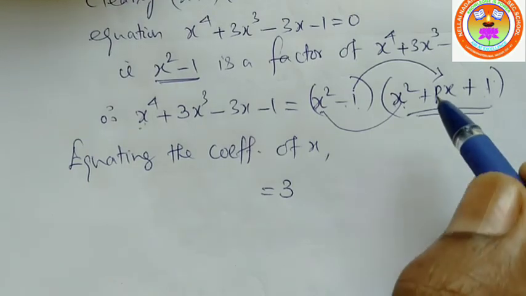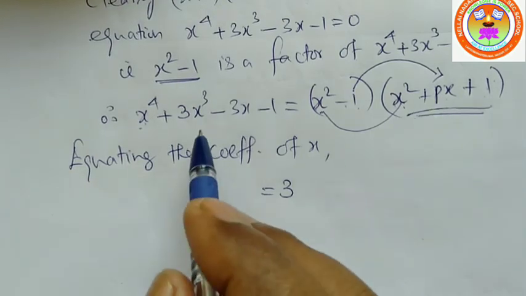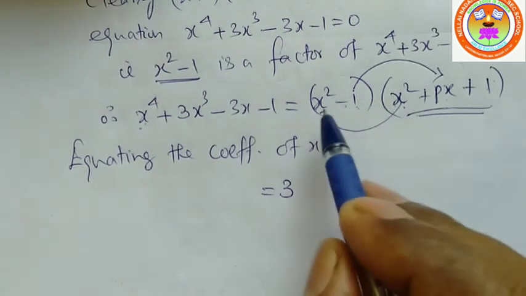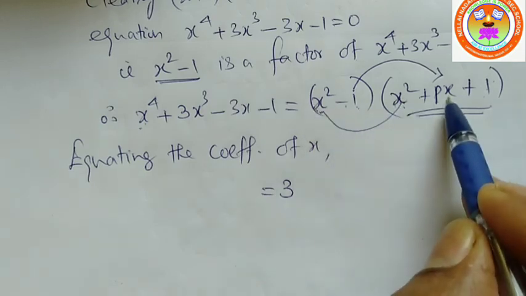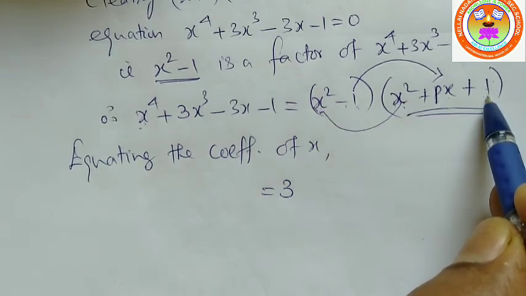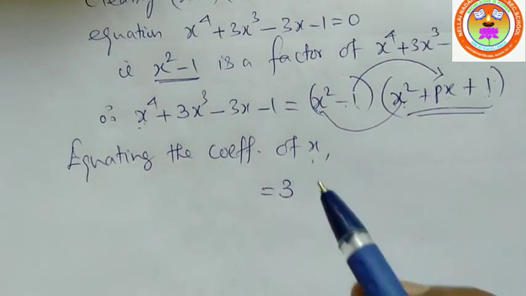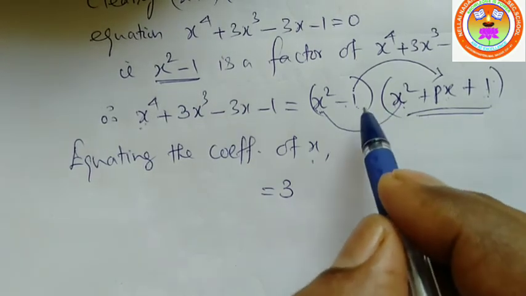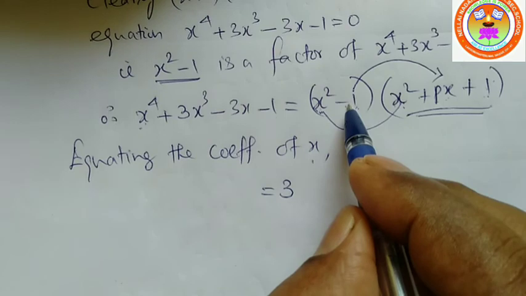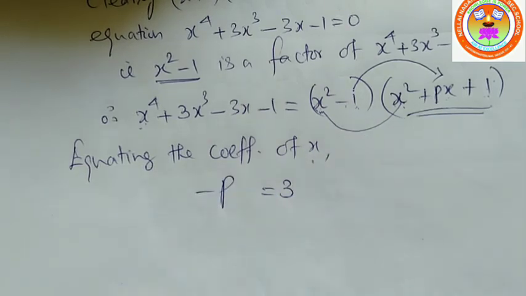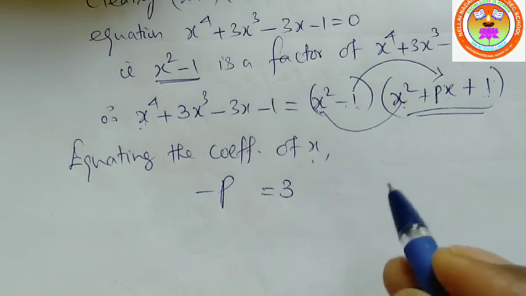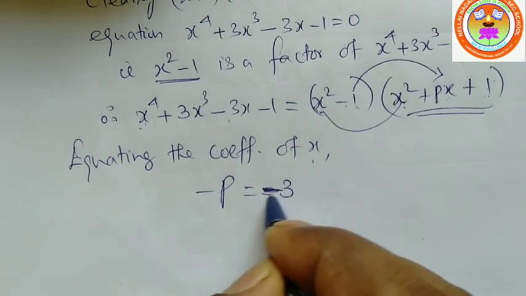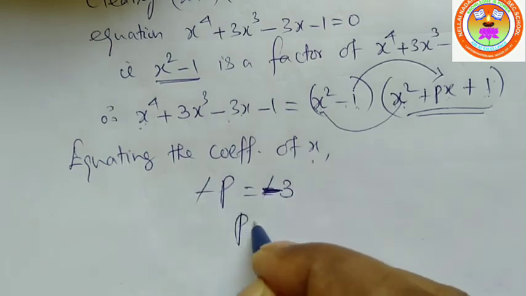When we are multiplying x square with these, x square and x square, x raised to 4, x square into p, x cube, x square into 1 is x square only. But we need only the coefficient of x. So the x term is obtained only when we multiply this constant with the x term. So minus 1 into p is minus p. So minus p is equal to 3. See, one small error. The coefficient of x is minus 3, no? But we put only plus 3. So minus 3. Minus minus cancel. So p is equal to 3.